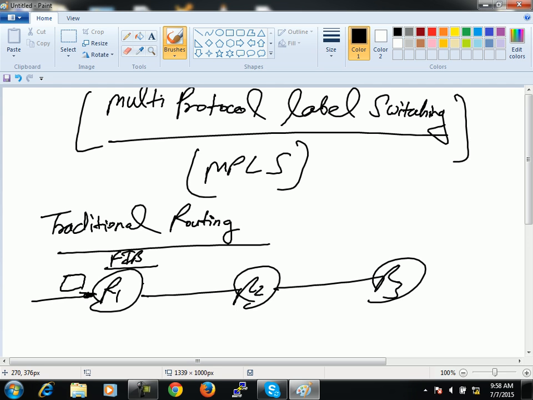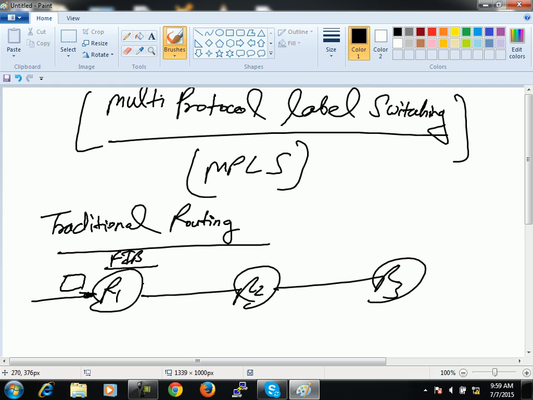If CEF is enabled, then definitely routers will form the FIB, forwarding information base. So whenever a device receives any packet, it will open its IP header and perform a lookup in its FIB. Got it? Fine. If it has the destination prefix available in its FIB, it will switch your packet according to the entry available in the router's FIB.